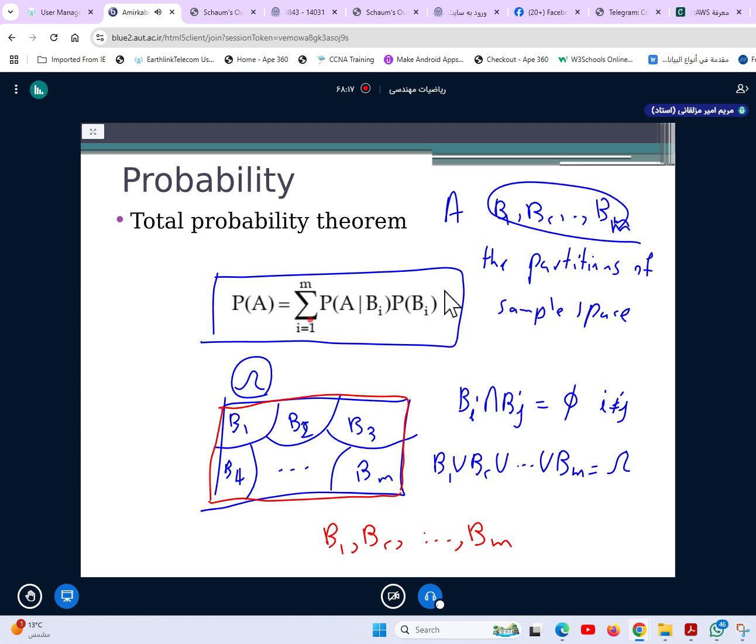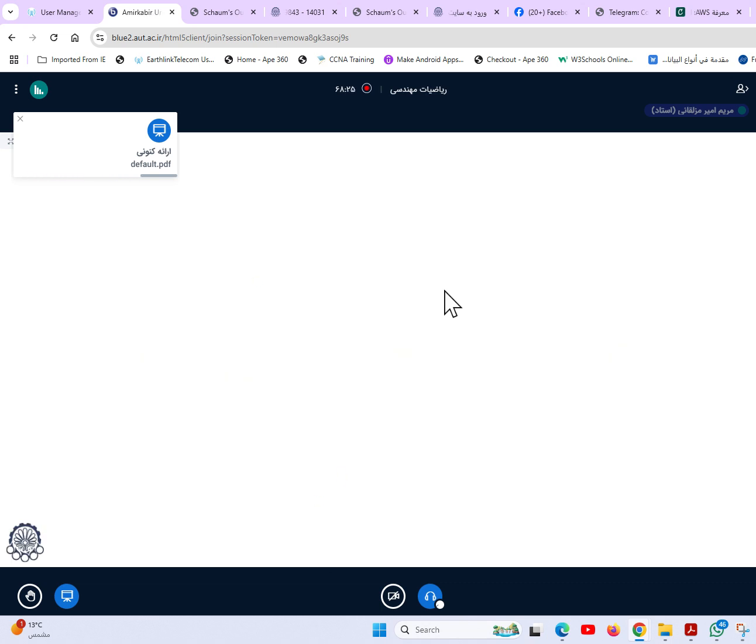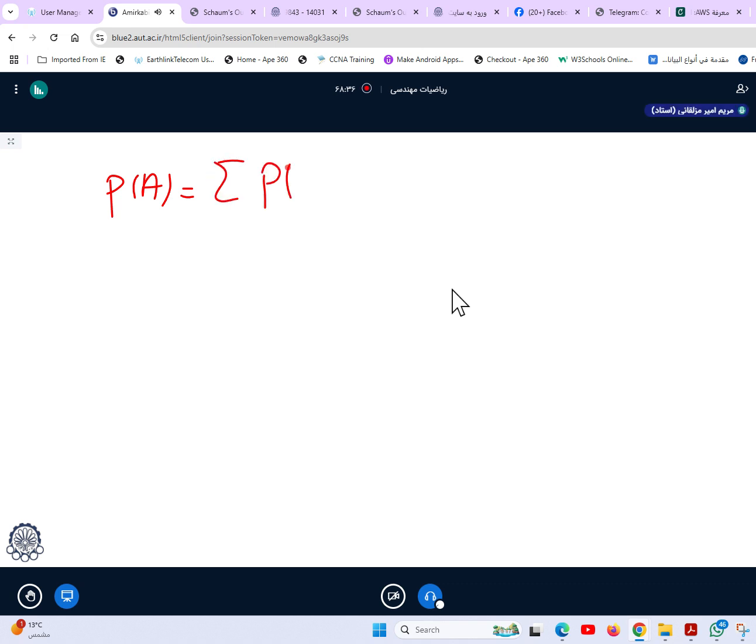What's the proof of this formula? If any question, please. Now we want to prove the formula. We have this formula and we want to prove this.